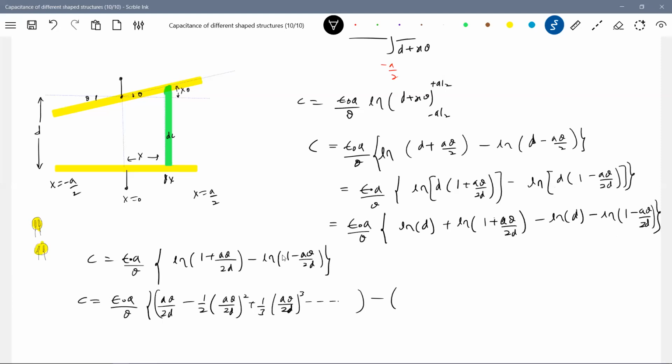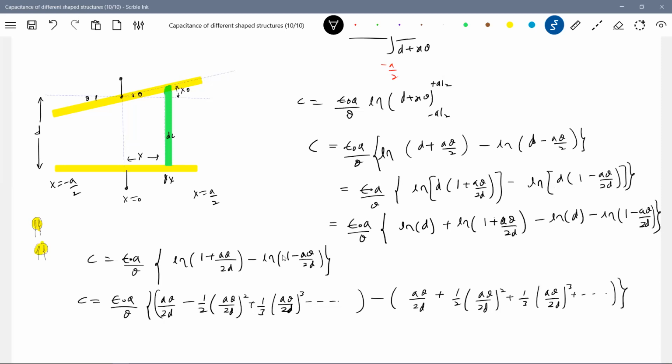Now for the second term, log of 1 minus x, with x equal to a theta by 2d. Check once, anybody.